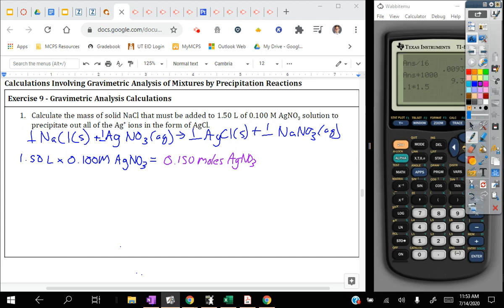Now, technically, we want all of the Ag ions to be used up in this reaction.